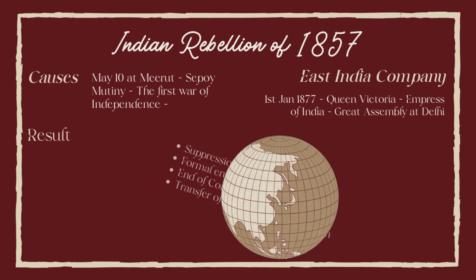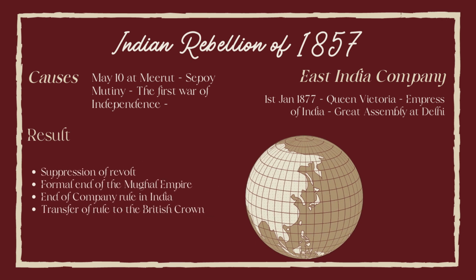And the fourth one we are going to see is the Indian Rebellion of 1857, and it was a threat to the British Army. The causes of the Indian Rebellion are numerous, but it happened on May 10th, 1857 at Meerut.